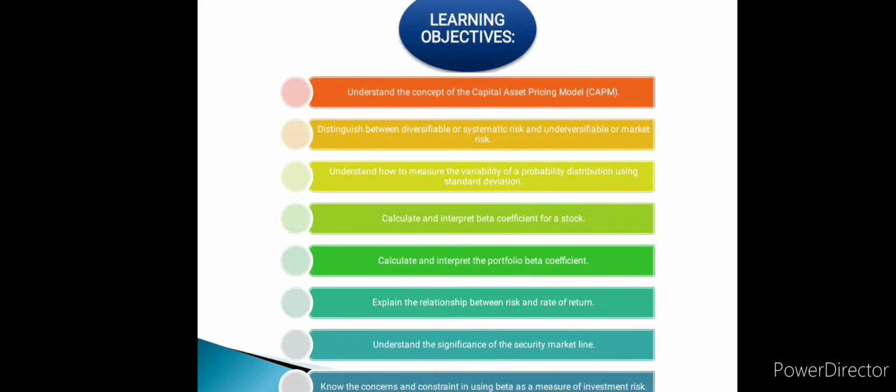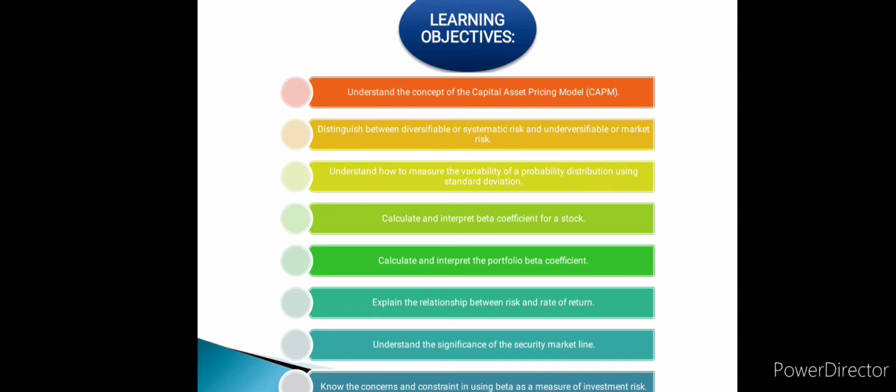These are the learning objectives in this chapter. First is to understand the concept of the capital asset pricing model. Second is to distinguish between diversifiable or systematic risk and undiversifiable or market risk. The next one is to understand how to measure the variability of a probability distribution using standard deviation.